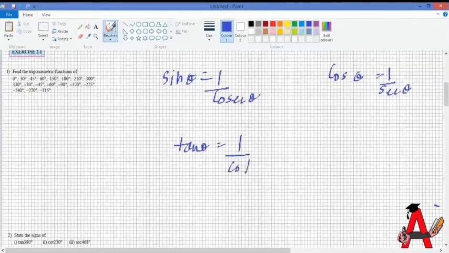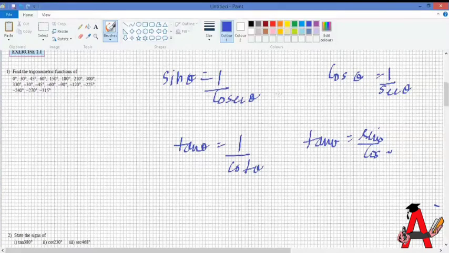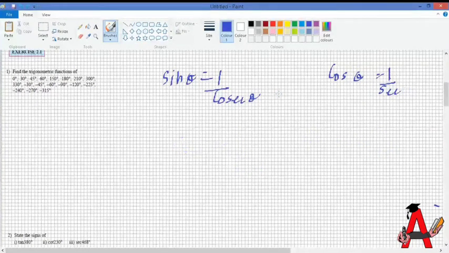So using these, all 6 trigonometric functions can be easily found. Also, tan theta is equal to sine theta upon cos theta. So what we need is just these two values, sine and cos. Once we get that, we can find tan. The reciprocal of tan is cot, and the reciprocal of sine is cosec. This is all what we studied. Let's move to the next question.